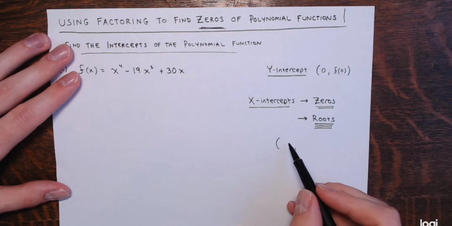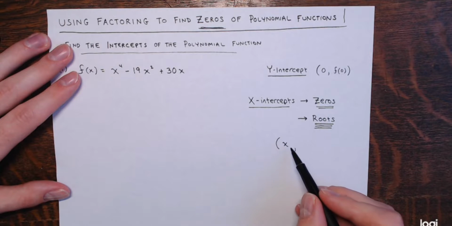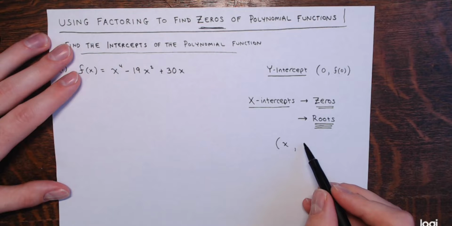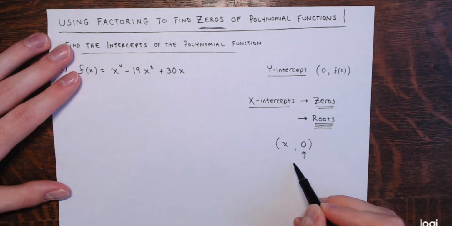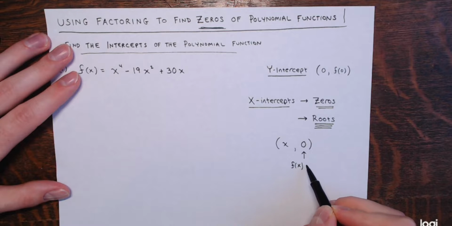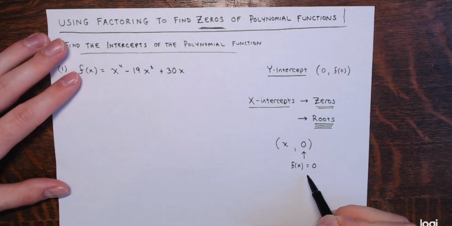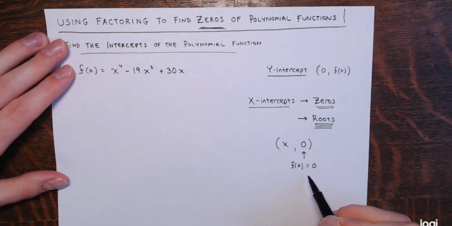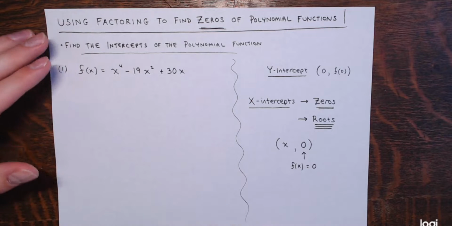You have some value for the x-coordinate, comma, and then 0 for the output. F of x equals 0. You're basically solving this equation: when is the output equal to 0? Pretty simple concept.